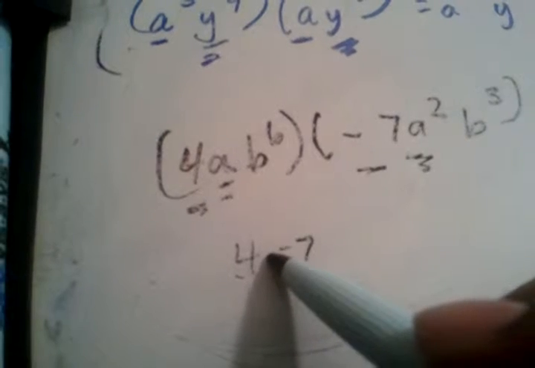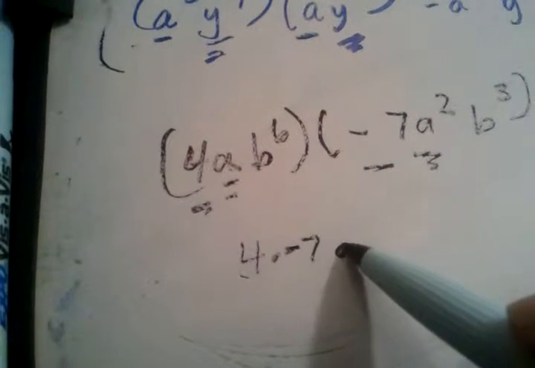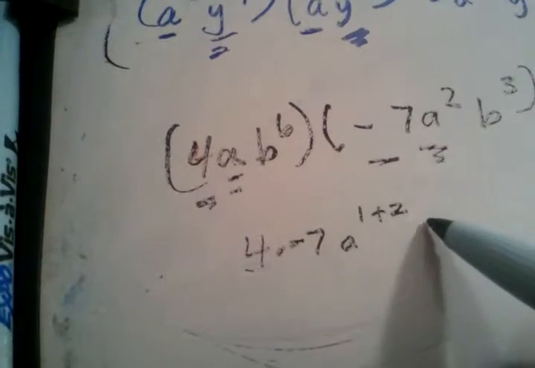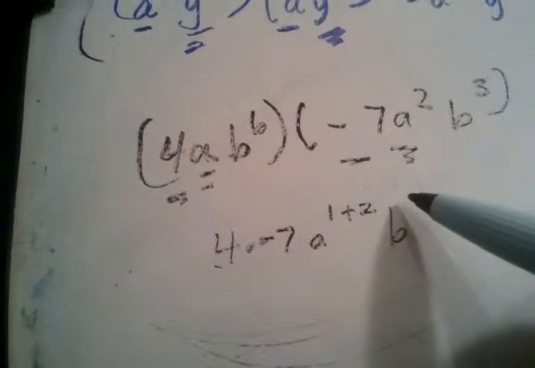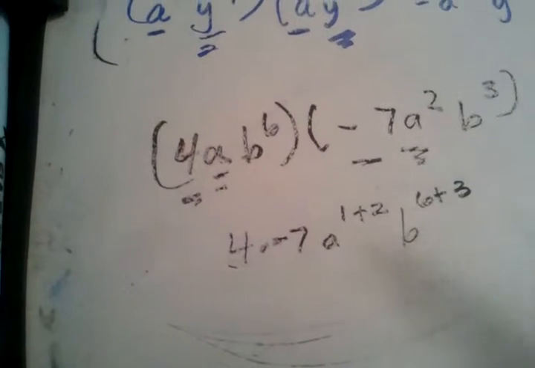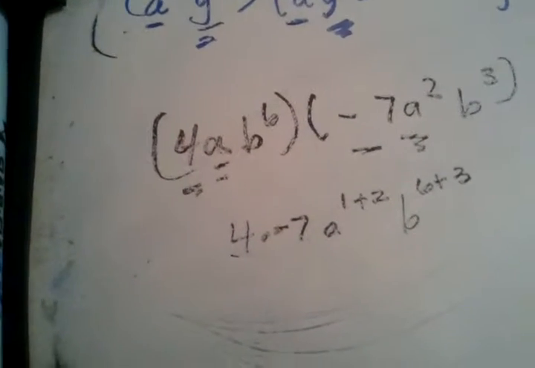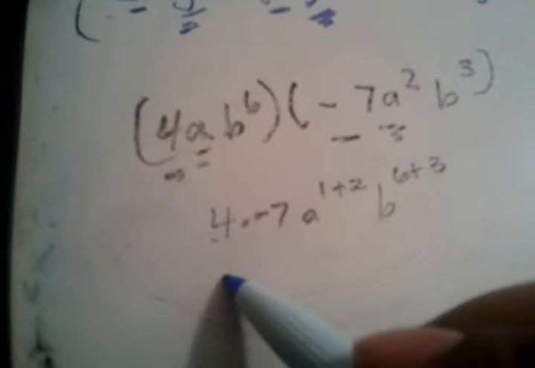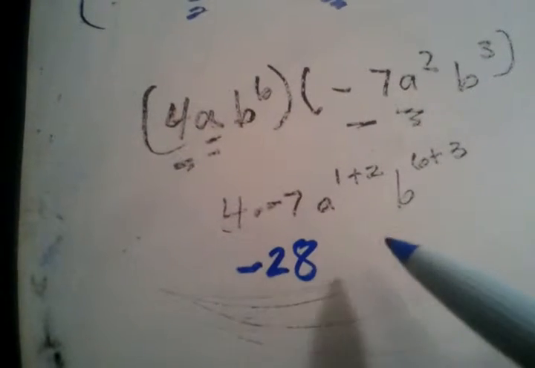So that's a to the 1 plus 2 power. Then we have b to the 6 plus 3 power. Change colors again, maybe that'll work. All right, so 4 times negative 7 will give us negative 28.